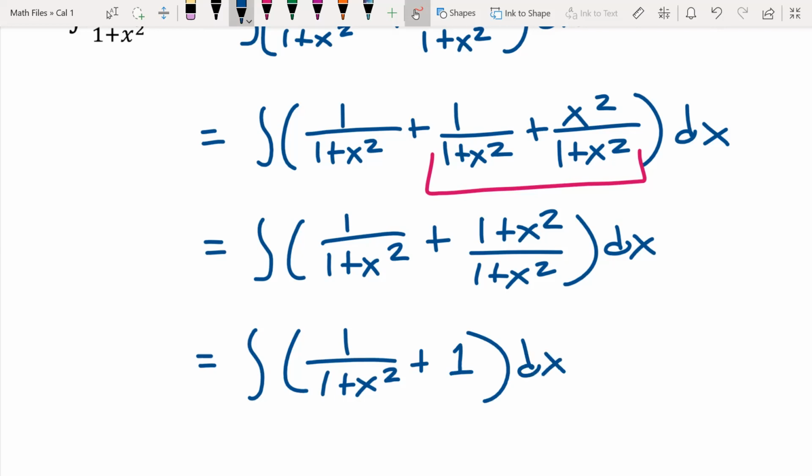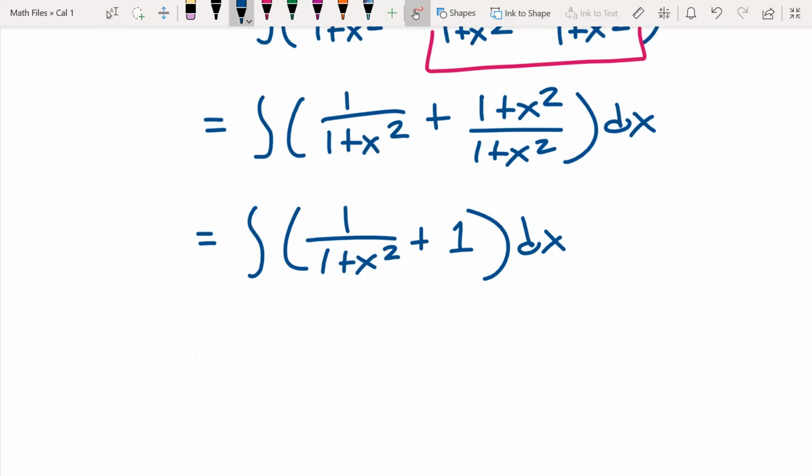dx. Okay, so this means that we are now ready to find the antiderivative. I can split it into two integrals, but we don't have to. We can take care of these integrals separately. So from the formula above, we know that the antiderivative of 1 over 1 plus x squared is the inverse tangent of x.